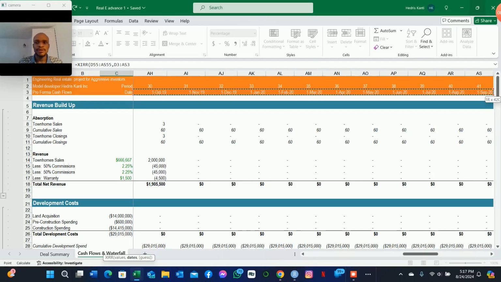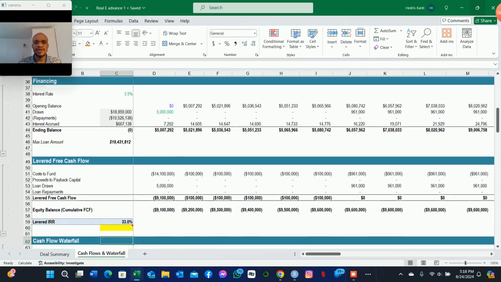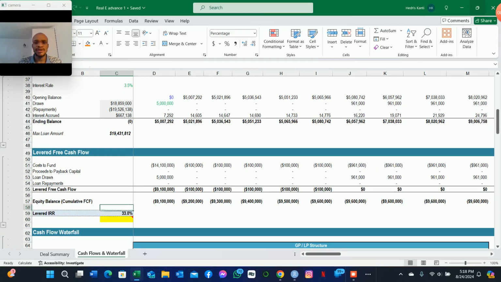So we are actually bringing this value back to the transaction closing date to determine what the internal rate of returns will be. So having that said, you can now hit enter. As you can see, for this entire project, we hit a rate of return of 33%.